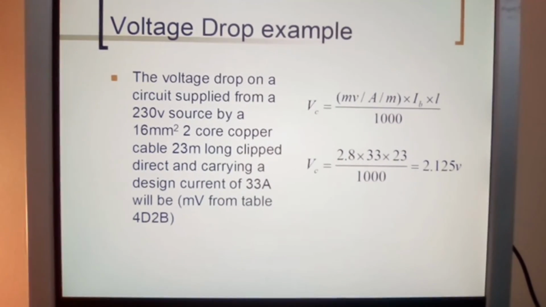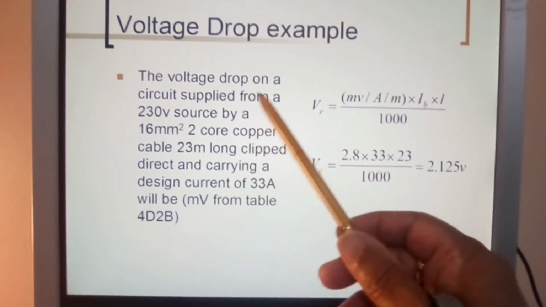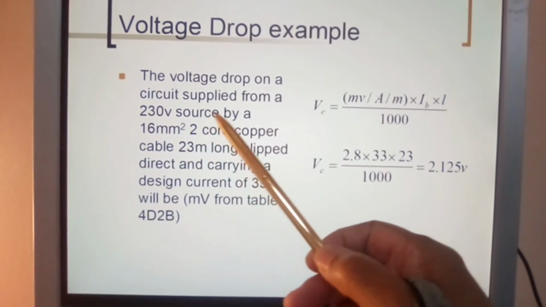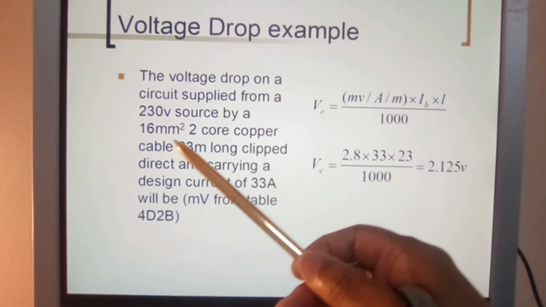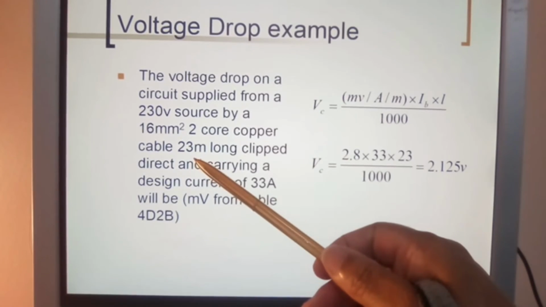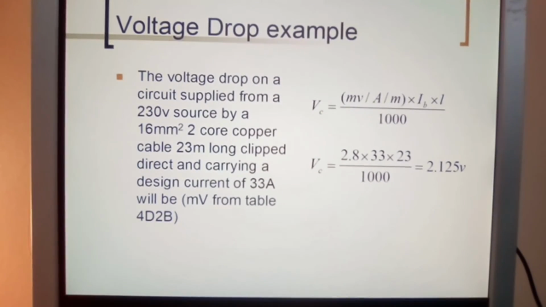Voltage drop example: the voltage drop on a circuit supplied from a 230 volt source by a 6 millimeter squared 2 core cable, 23 meters long, clipped direct, and carrying a design current of 33 amps.